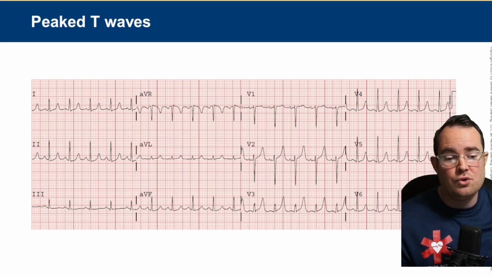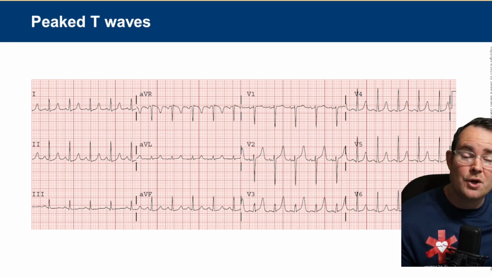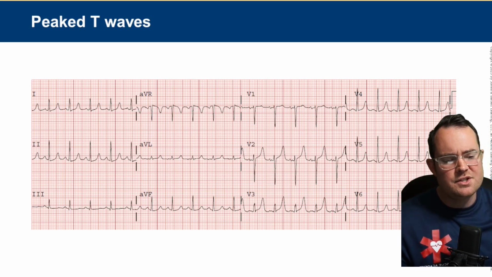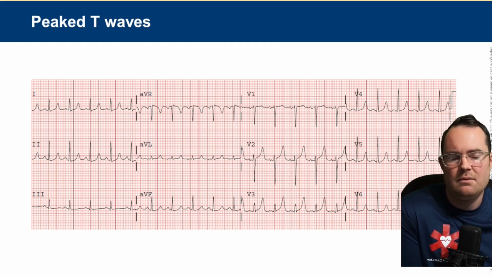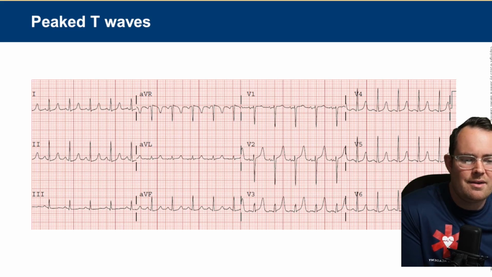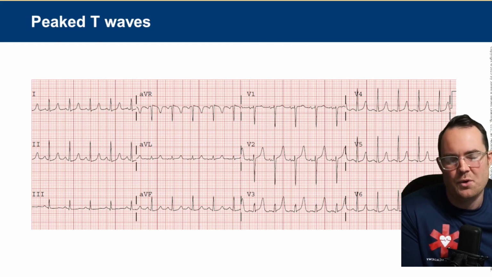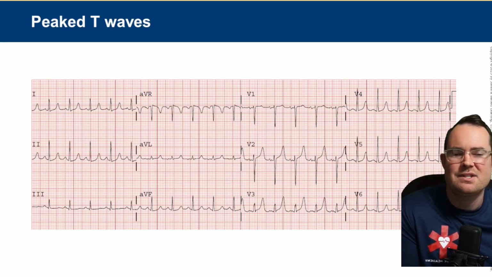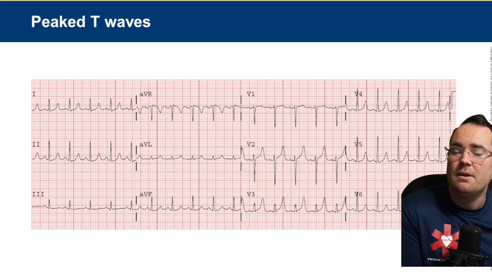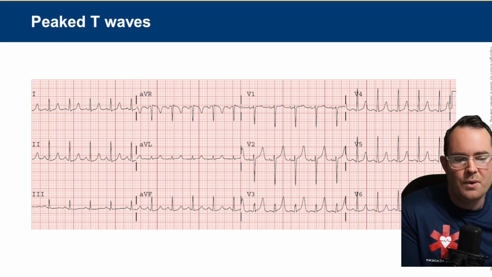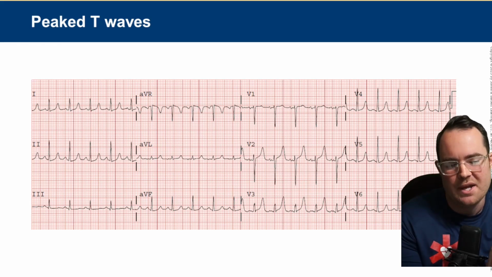With regards to my precordial side, I typically want these T waves to be under two large boxes, 10 millimeters. But you can see that these T waves are a lot larger on the precordial side versus the limb lead side, and that is normal. I'm going to have taller T waves. But what's not normal is that peaked appearance.